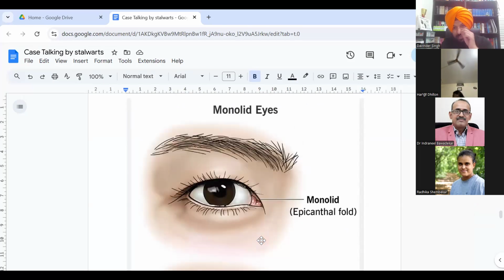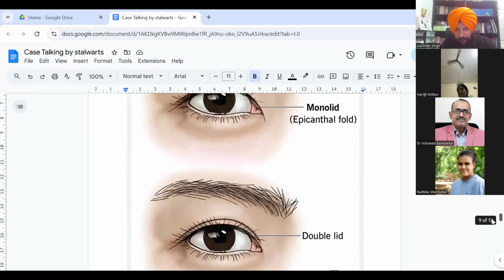So one is mongoloid. Mongoloid eyes. Look at this. I just want to show the exact thing. So we can differentiate mongoloid eyes from normal eyes. Normal eyes have a double lid, and in mongoloid it is a monolid, a single one.